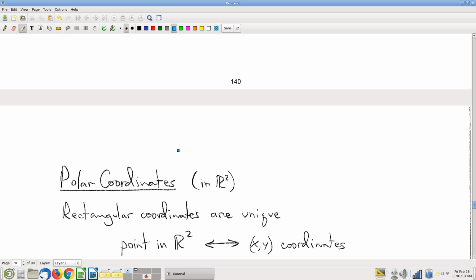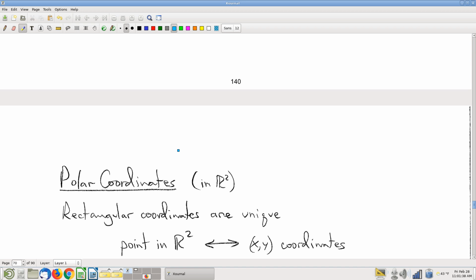Just foreshadowing: what we're going to do with polar coordinates is use them as a change of variables function, as it turns out. Really powerful things happen when you take polar coordinates and use them as a change of variables function. That's something to be looking for. Look for hints of that as we go along.